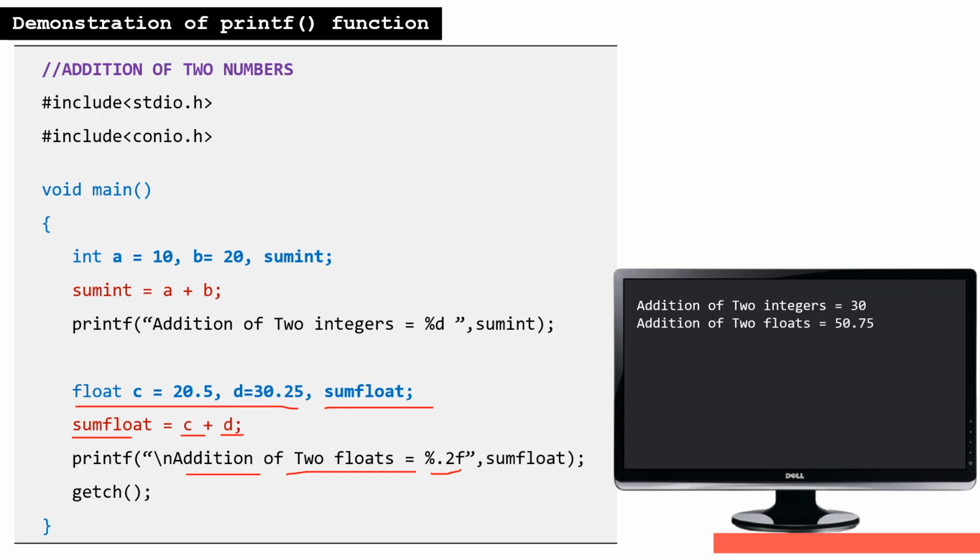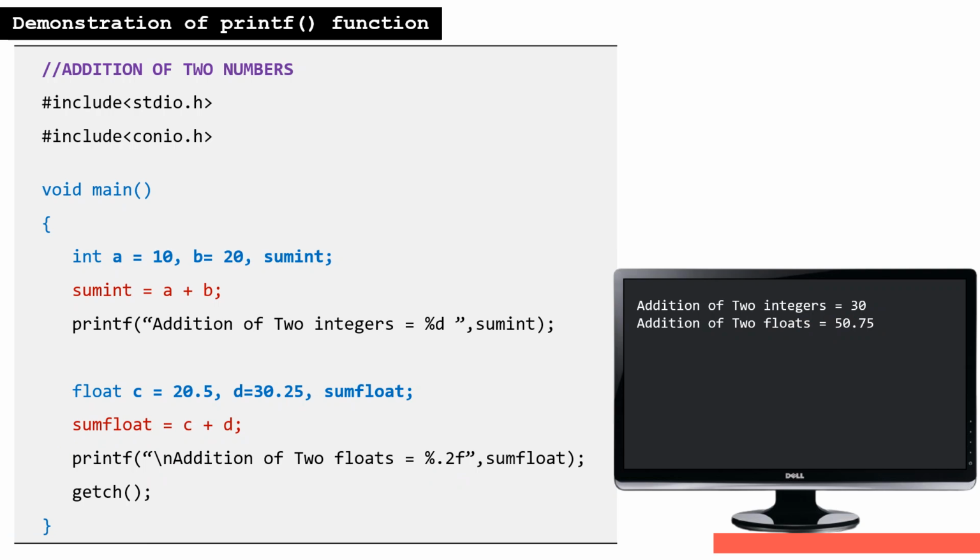You can see that it has printed addition of two floats is equal to 50.75, right? This is \n, so that's why this is printed in the next line. We have already covered this in the previous lecture.